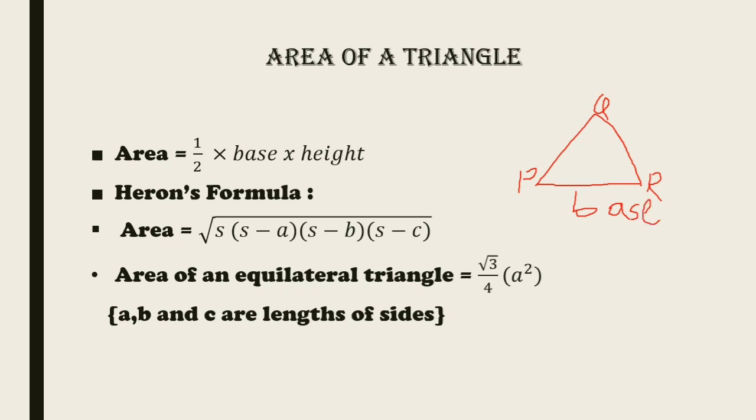PR is base, and a perpendicular drawn from the opposite vertex Q is height. So we have to first identify the base and the height, and then by putting these values in the formula half into base into height, we get the area of a triangle.